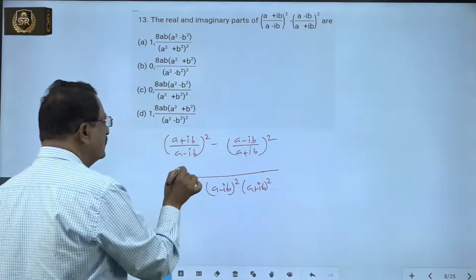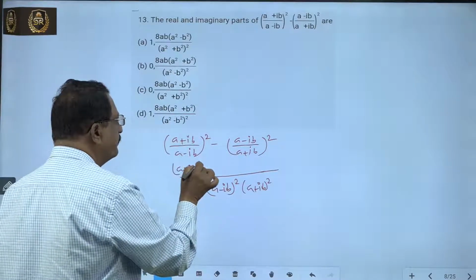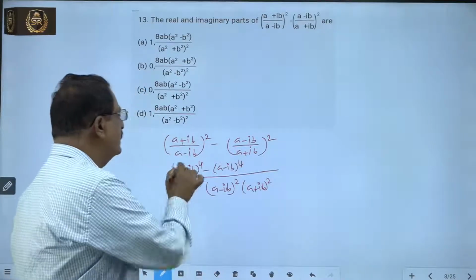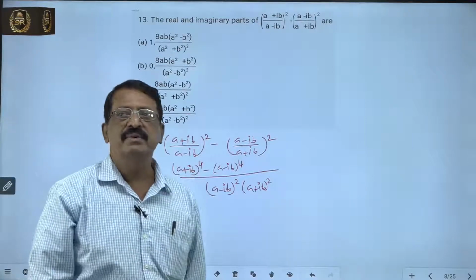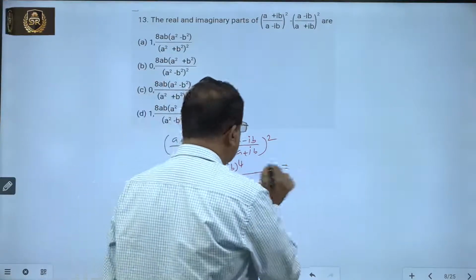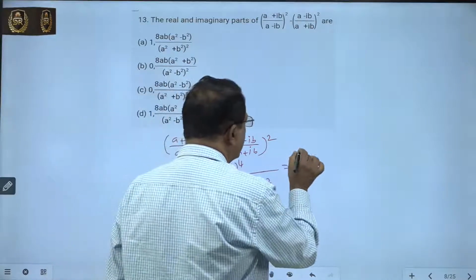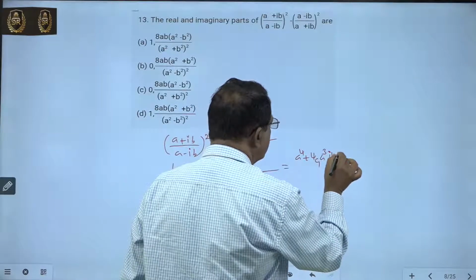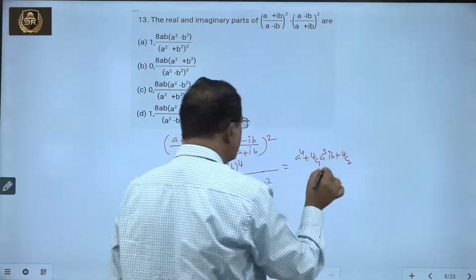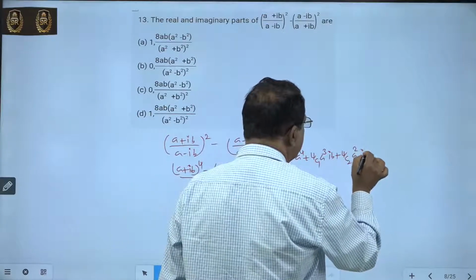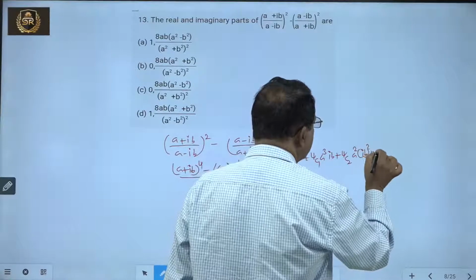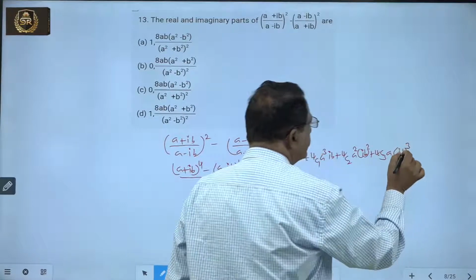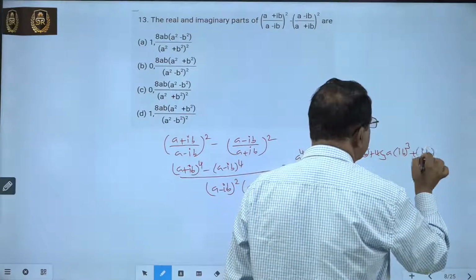Now the numerator we get is (a plus ib) whole to the power of 4 minus (a minus ib) whole to the power of 4. From the binomial theorem, expand: a power 4 plus 4c1 a cube ib plus 4c2 a square (ib) whole square plus 4c3 a (ib) whole cube plus (ib) whole to the power of 4.